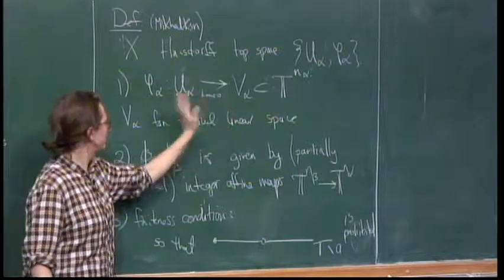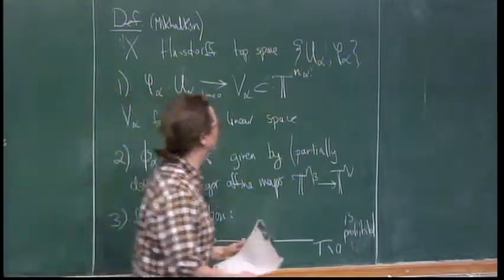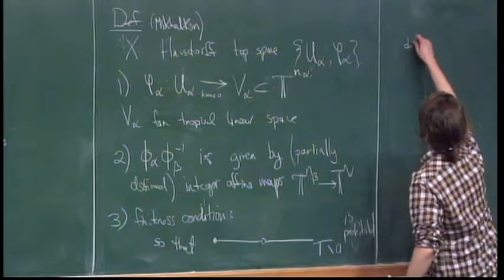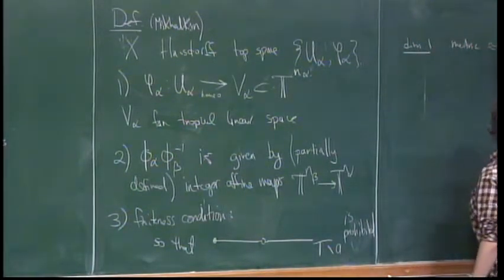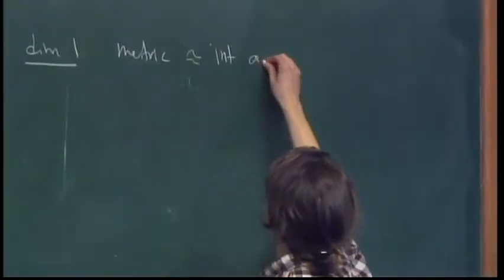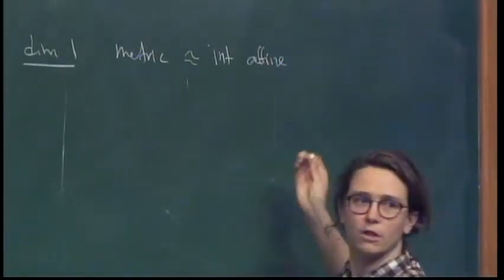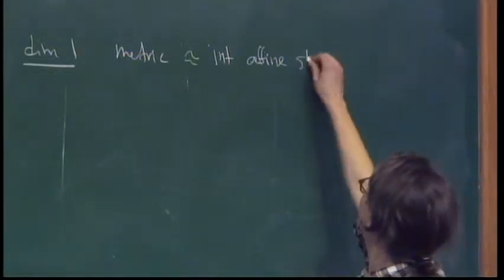And really, at a vertex of a curve, a metric is the same as an integral affine structure. So along the edges, if we have an integral affine structure, it's the same as having length.